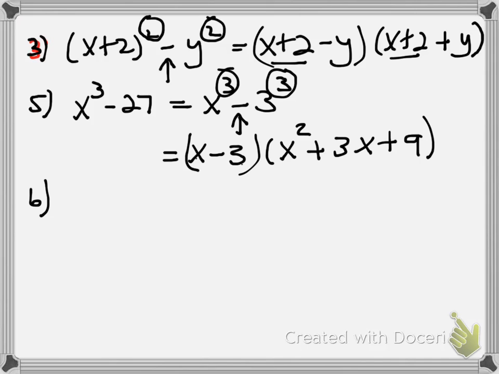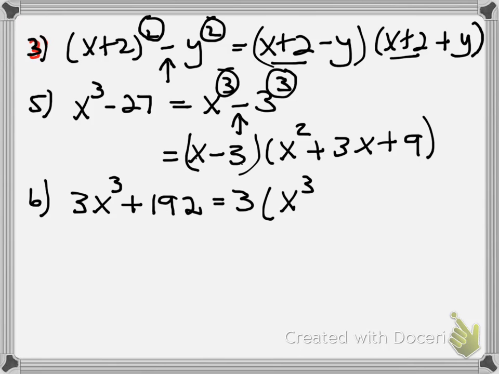Number 6 is an interesting one because that's a mix. We have 3x to the third plus 192. First of all, I see I can take out a common factor 3 because 3 goes into 3 and 3 goes into 192, 64 times. First take out the common factor.